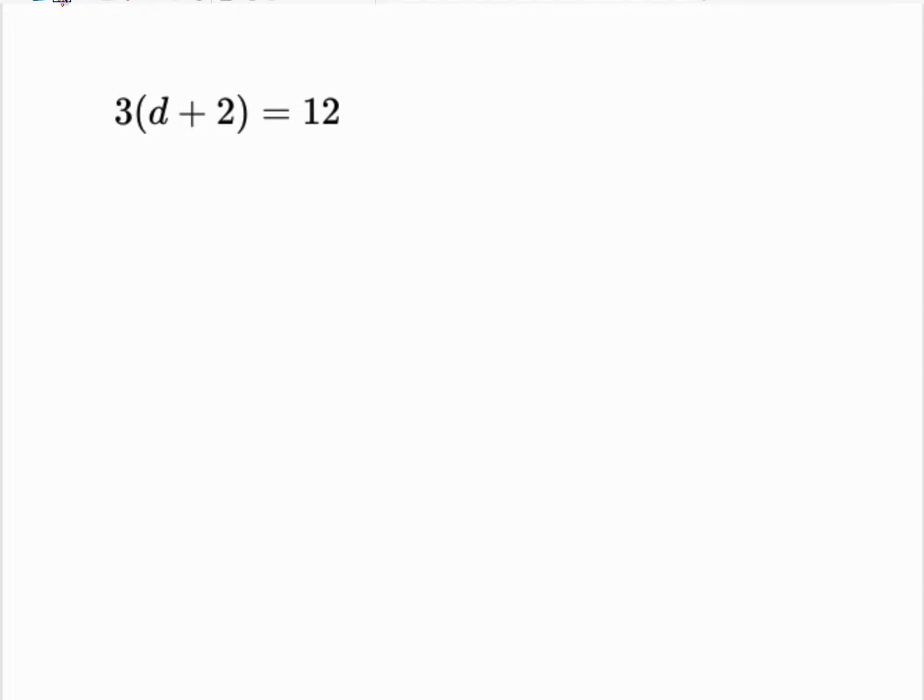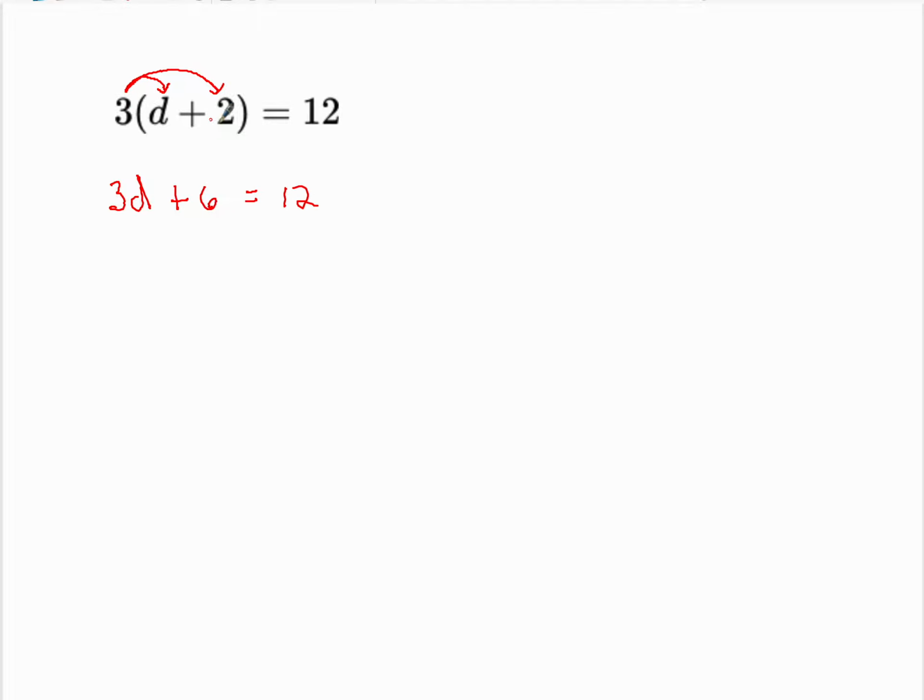And so the distributive property is what we use that allows us to get rid of the parentheses. That gets us around the order of operations. So the first thing I need to do is multiply here. 3 times d is 3d. And then I would multiply 3 times the plus 2, so that would be plus 6, and that equals 12.